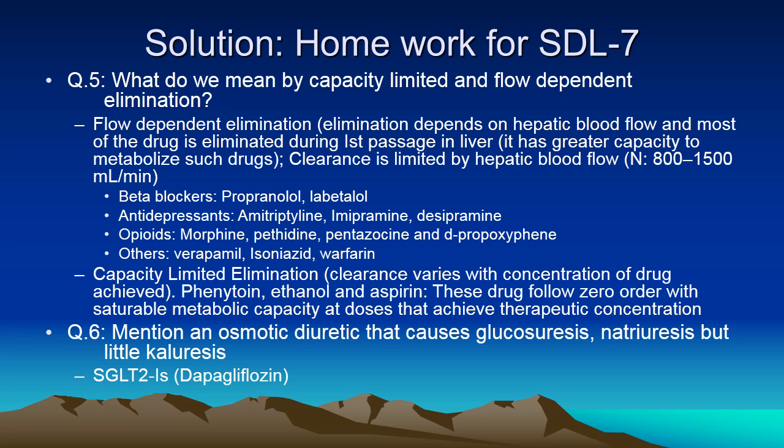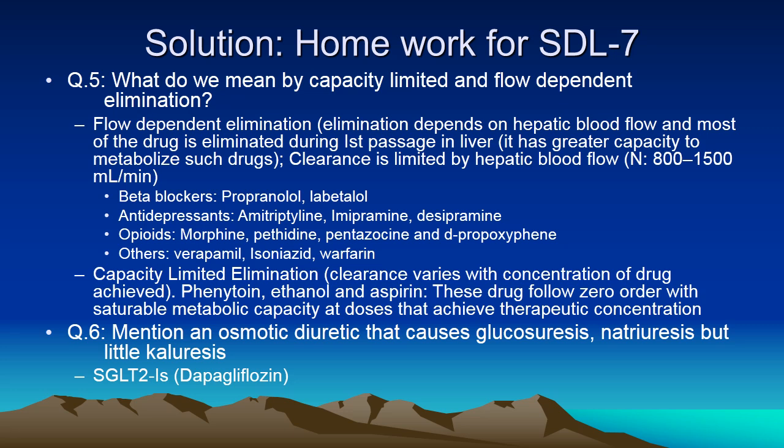Because there is a limited capacity, they exhibit saturation kinetics: phenytoin, ethanol, and aspirin. Because they follow zero order kinetics, the capacity to metabolize is limited, and if the dose is increased, there will be more toxicity because clearance will change.